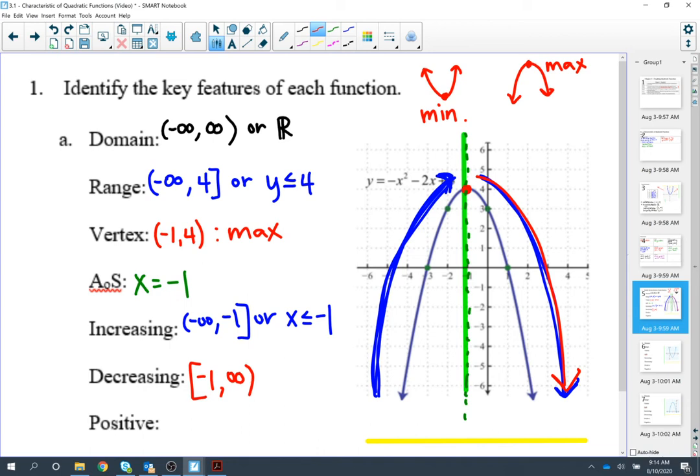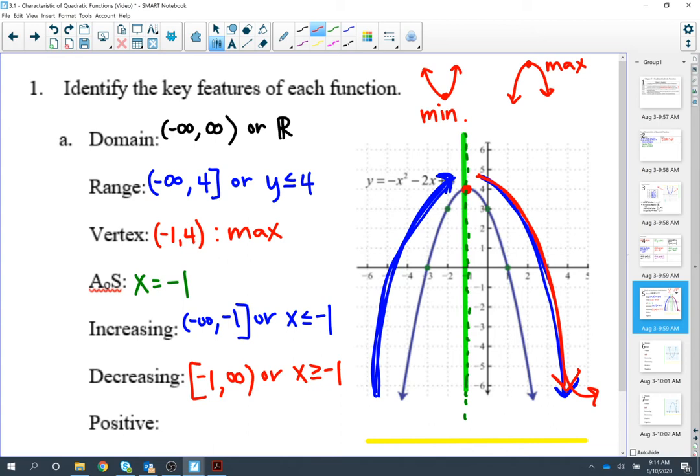That one's always a given. Or when x is greater than or equal to -1. So we're starting now at that vertex, which is at the -1 x value, and we're going out that way, which is positive infinity on the x-axis, not down on the y-axis, which is why I have positive infinity here, not negative infinity.